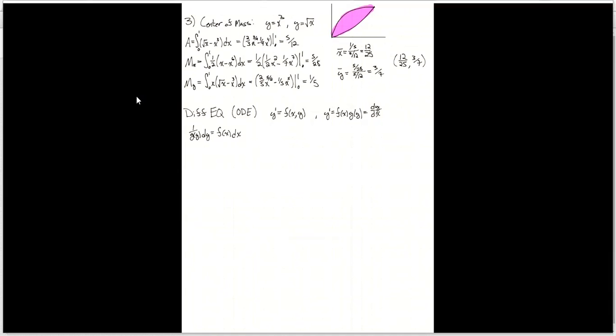Because we have these dy's and dx's. So we're going to integrate 1 over g of y dy. This is equal to our integral of f of x dx. And this is a way of solving this ODE, because this might spit out something in terms of y, and then we can try to solve for y.